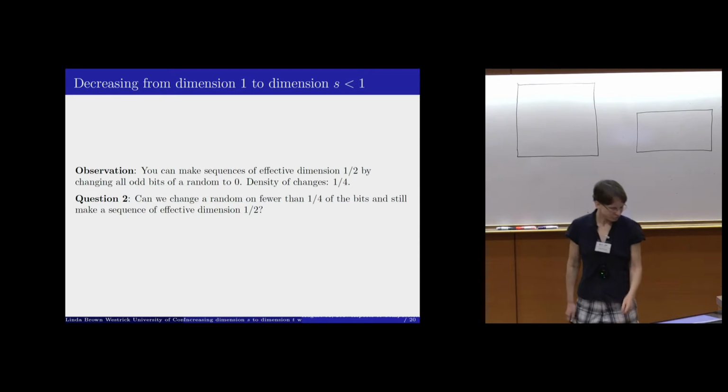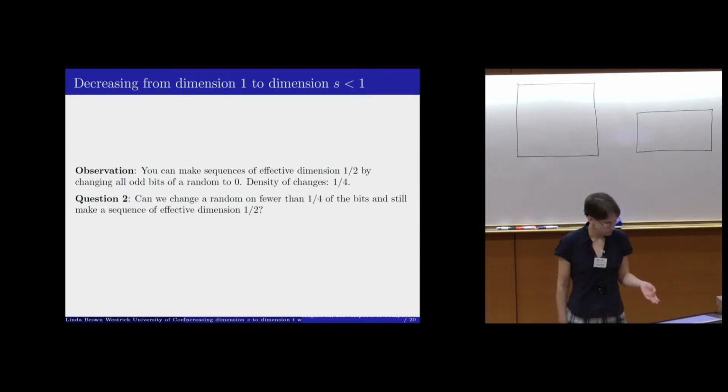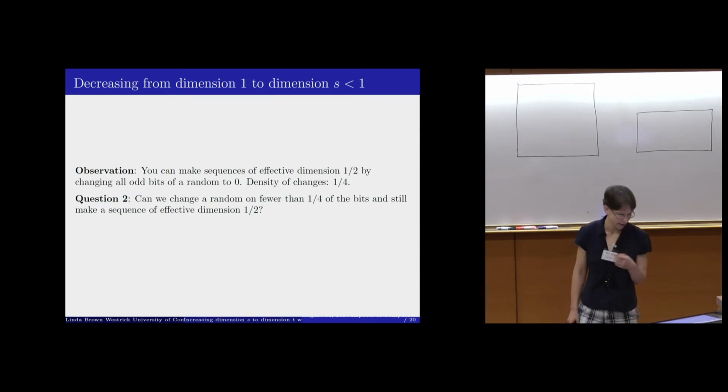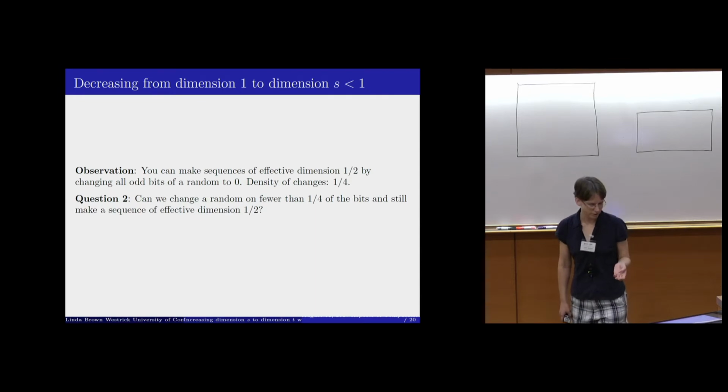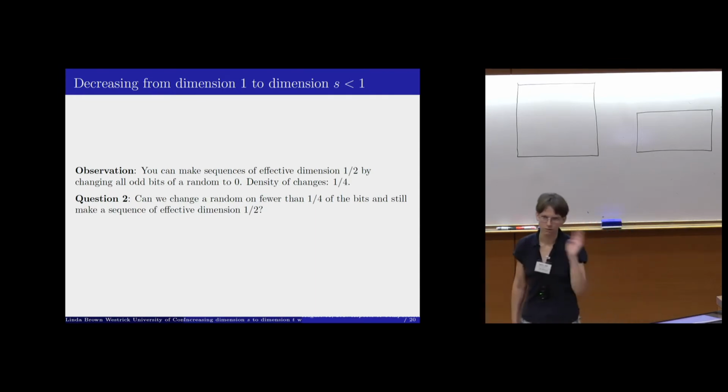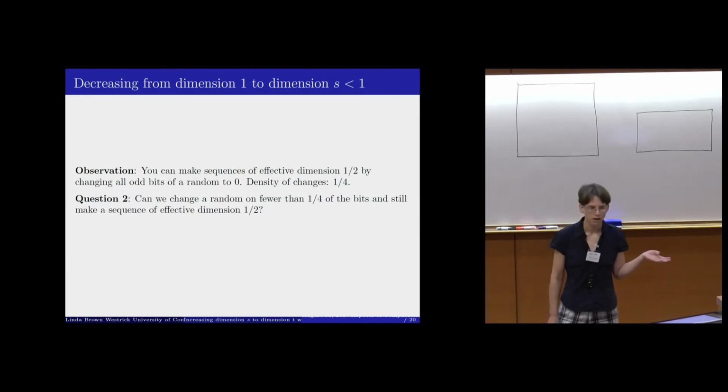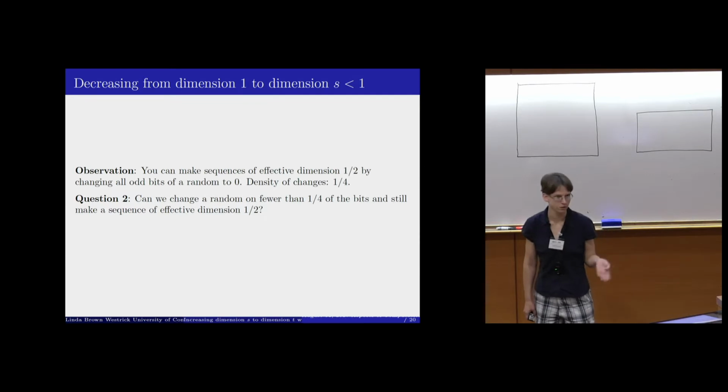Okay, another observation kind of related to the first one. Let's say that you have a random and you want to use it in order to make a sequence that has effective dimension 1/2. Well, one way that you could do that is to change all of the odd bits to 0, and leave the even bits remaining as they are. So you'll only have to change half of the odd bits, because half of the odd bits already had 0 anyway.